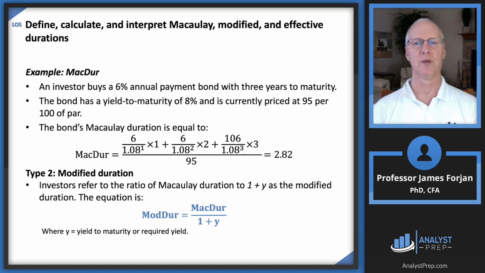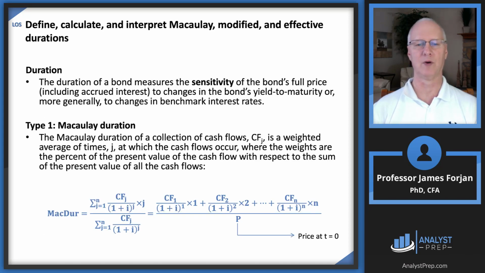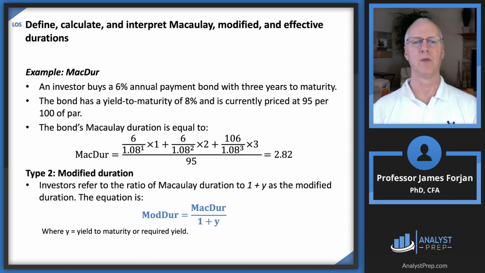So here's a quick example. Suppose we have 3 years to maturity, a 6% annual payment bond, yield is 8% with a current price of 95. So really all we're going to do is take that formula there and plug in the numbers. So we're going to do this on the basis of a par value of 100. So we get a $6 coupon payment in year 1, 2, and 3.